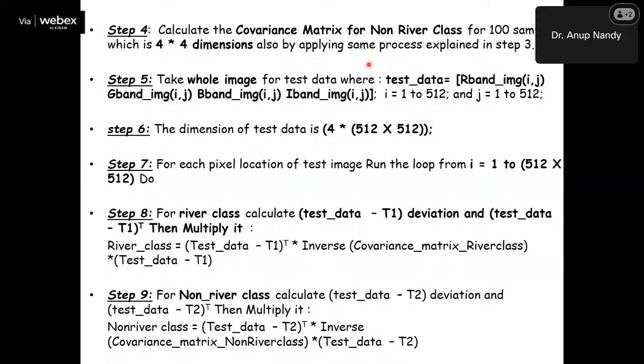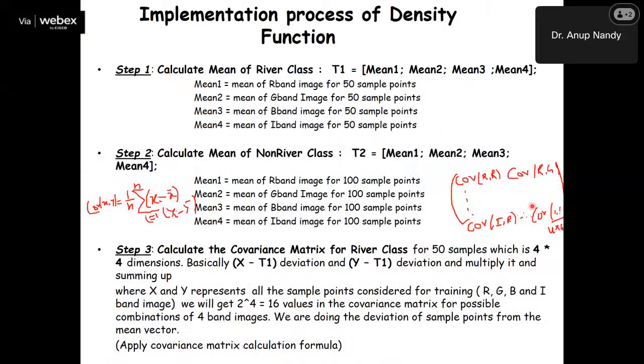All the diagonal elements are nothing but the variance for this class. So you can get the covariance matrix for omega 1 as well as for omega 2, for both the classes you need to calculate.